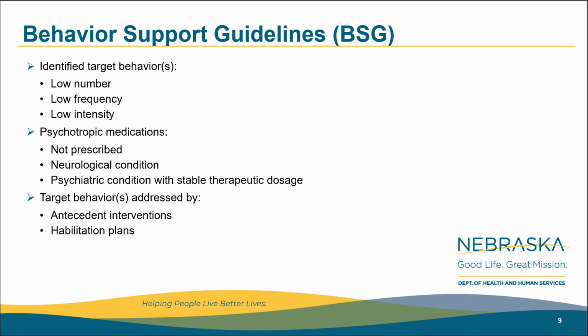Habilitation plans that increase appropriate skills that would further decrease the frequency or intensity of the target behaviors, and provision of other clinical supports such as speech therapy, occupational therapy, or individual or group psychotherapy, to name a few examples, which may assist to decrease the target behaviors.